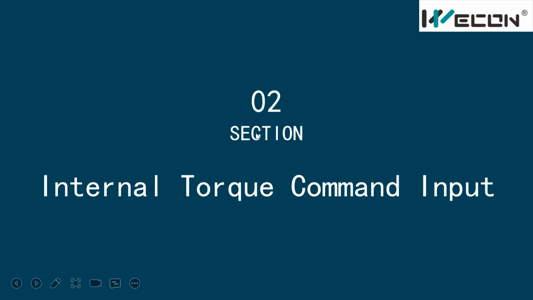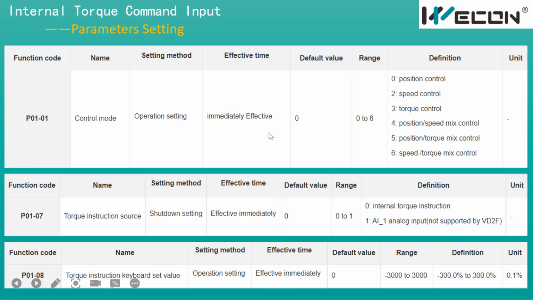And section 2, internal torque command input. For this torque source, we have 3 important parameters that need to be set. First is servo control mode. Of course, here we need to set it as 3, torque control.